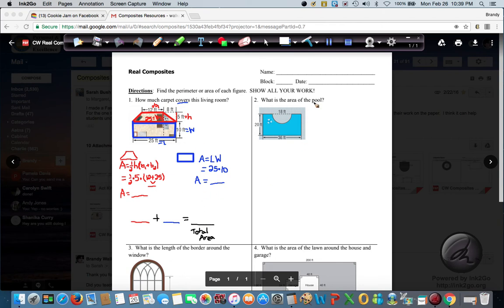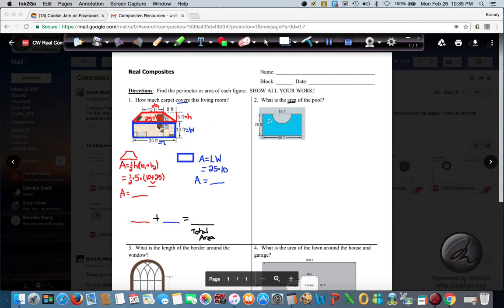Number 2, what is the area of the pool? Okay, so again, we're looking for area, and we have this semicircle, this half circle, taken out. So this is actually going to be subtraction. Some of you on the sheet today said that knowing when you're supposed to add and when you're supposed to subtract is one of the hardest things.